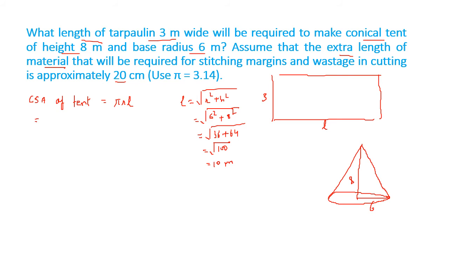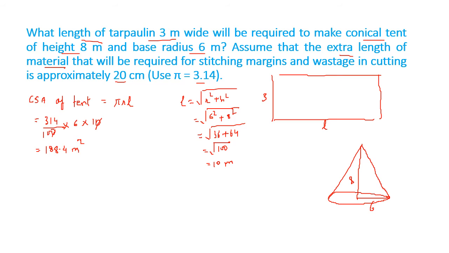So surface area of tent, we have to use pi as 314 upon 100 into R, R is 6, into L, L is 10. So we get 188.4 meter square is the curved surface area of the tent, the tarpaulin that we are going to use.